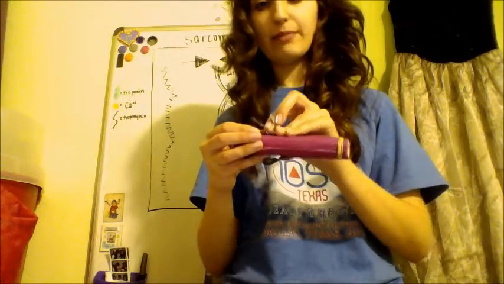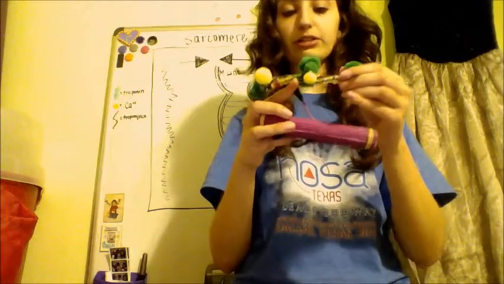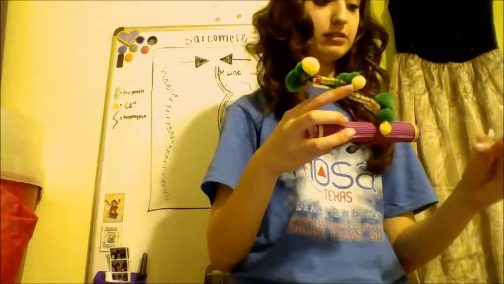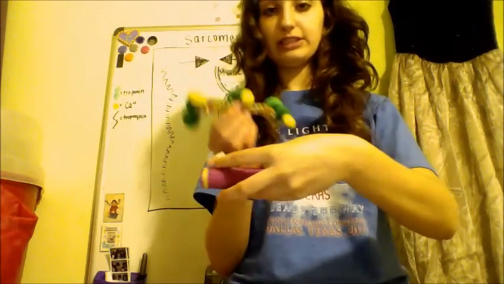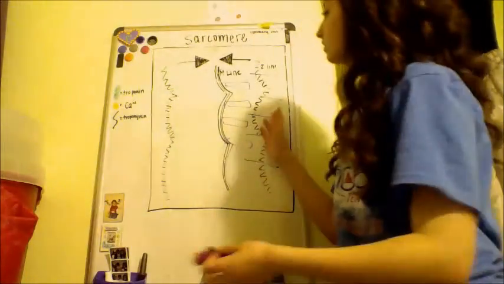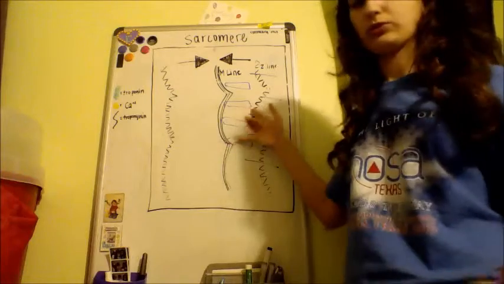So once that happens, that allows the myosin filament to come up, and that's when it attaches to the actin binding sites, creating the cross bridge. And then a new ATP comes in, attaches to the myosin, pulls it down, and then it just continues, creating this contracting motion which contracts the muscles.